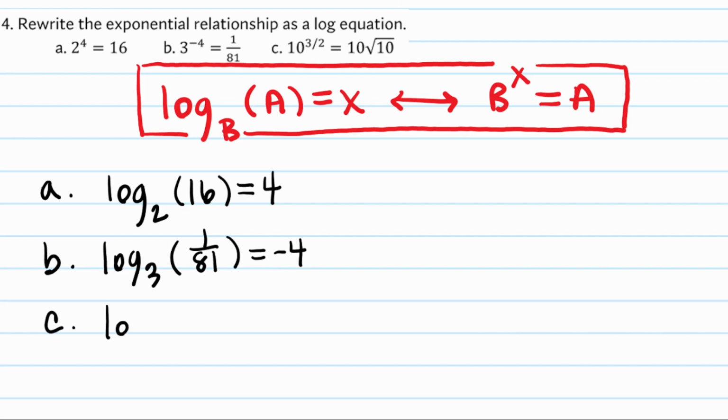That'll be the log with base 10. You can write base 10, or you could just write no base, right? Because that means 10. Of 10 root 10 is equal to 3/2, because the log is the exponent. Because 10 to the 3/2 equals 10 root 10, whatever log we're taking is going to equal 3/2.